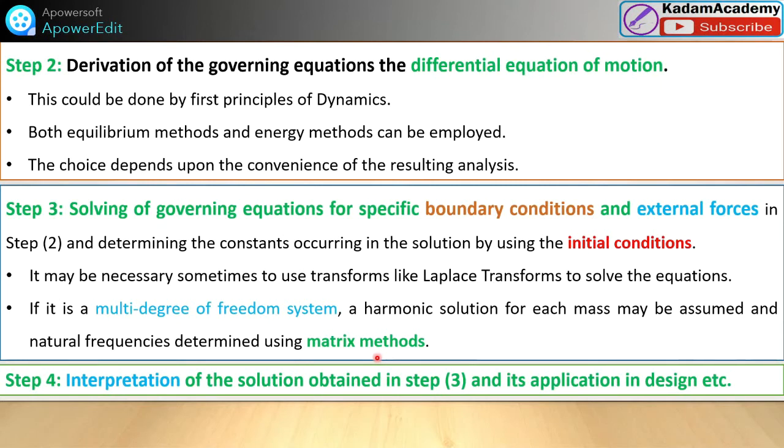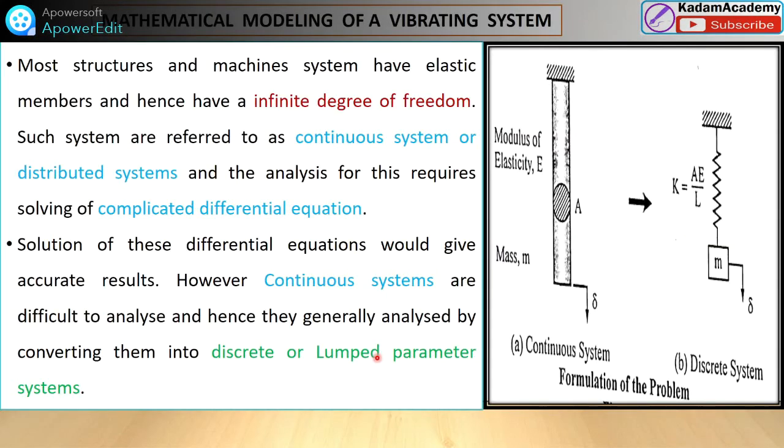So friends, like this we can solve the mathematical modeling equations. In this mathematical vibrating system, I have already shown the lump parameters. So what is the lump parameter? Most structural and machine systems have elastic members.